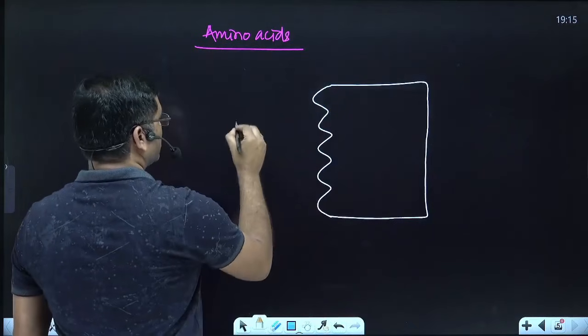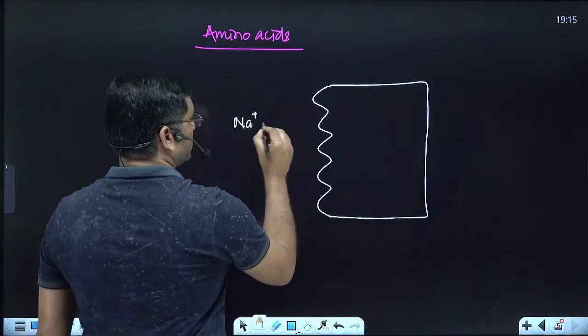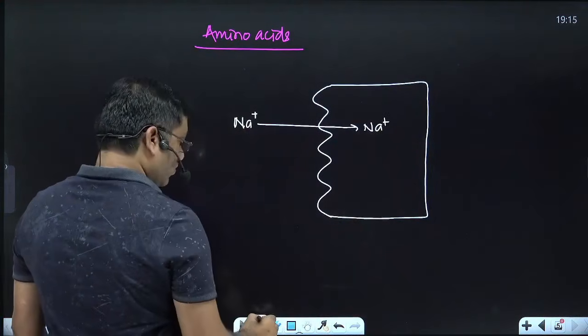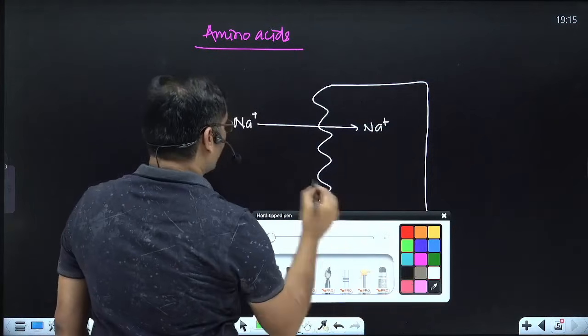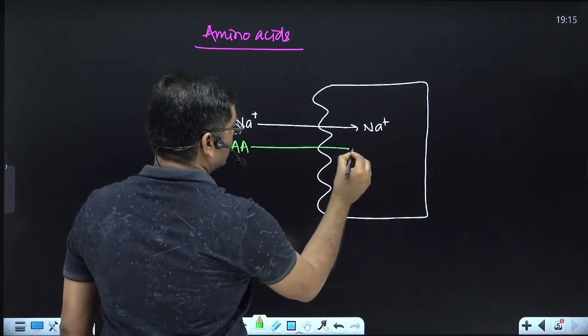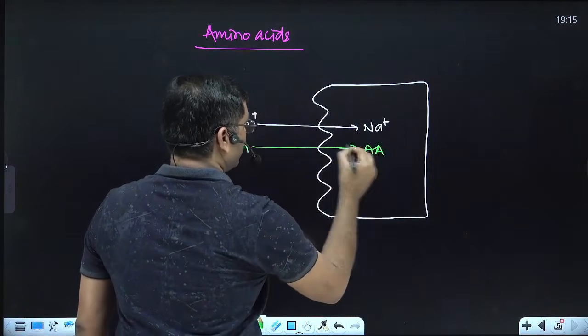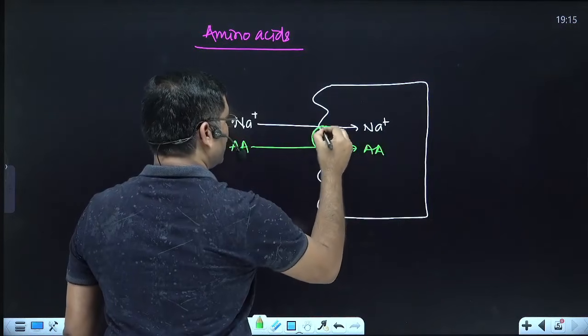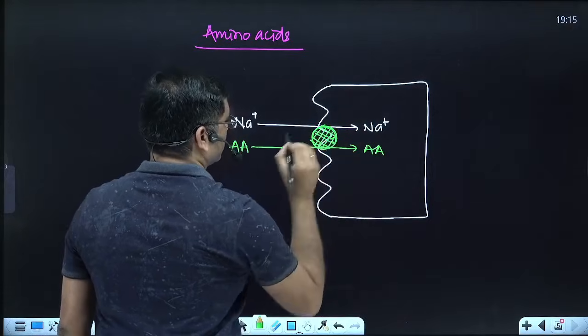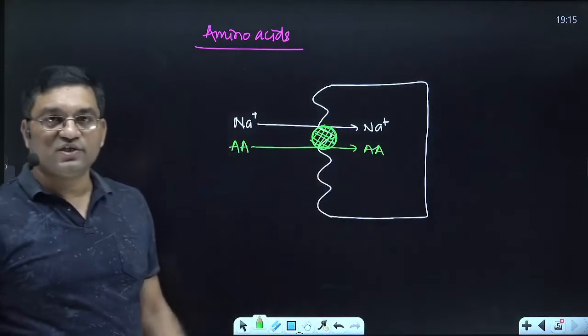So this is sodium. Sodium is absorbed inside the cell, and along with the sodium there is absorption of L amino acids with the help of a transporter, a carrier protein. So this is known as secondary active transport.